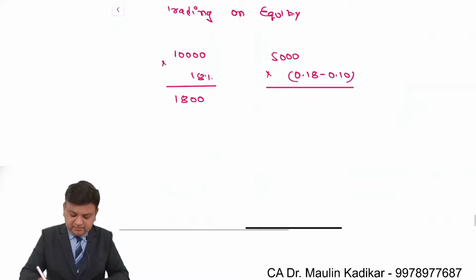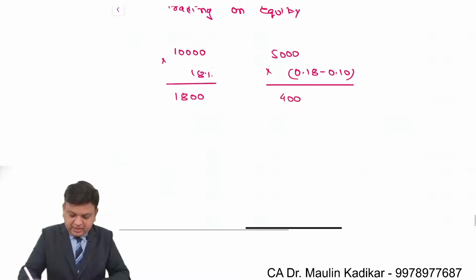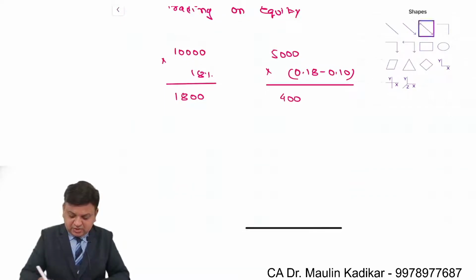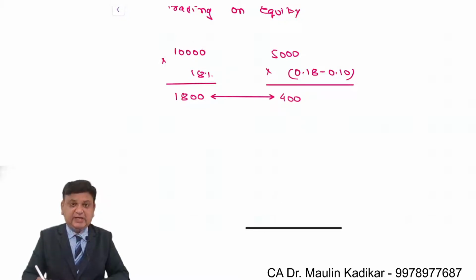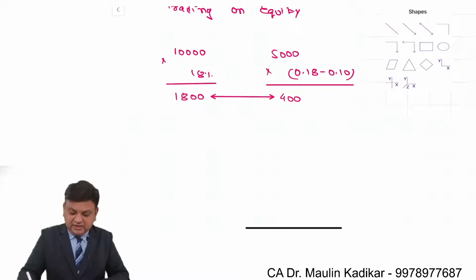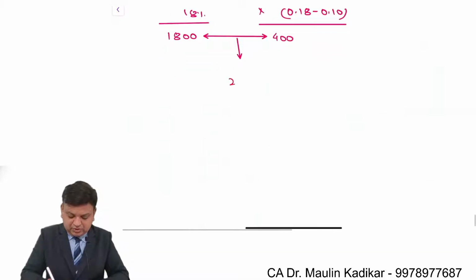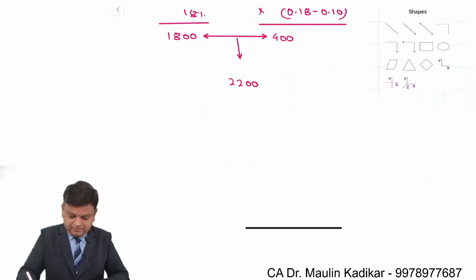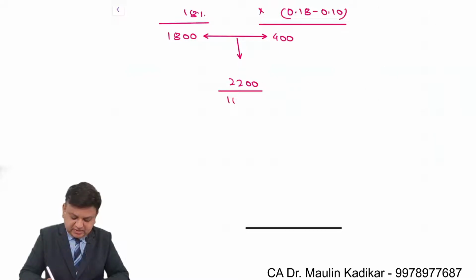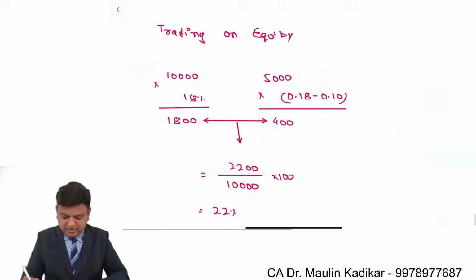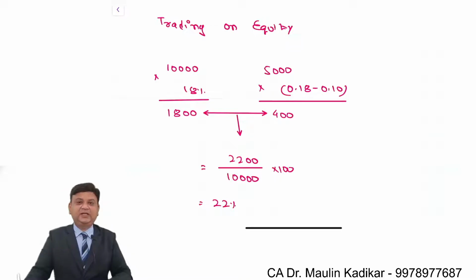That comes to 400. So that 400 rupees of additional earning is added to this 1800. So 1800 plus 400, the overall return comes to 2200 on an investment of 10,000. So the return in percentage terms comes to 22%. This is the way we understand that when you borrow, your return increases like this.